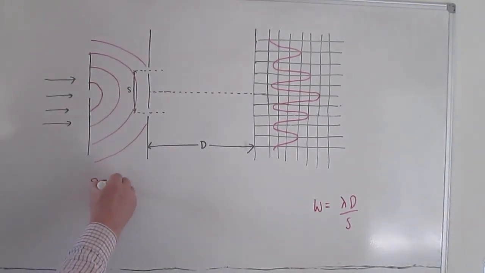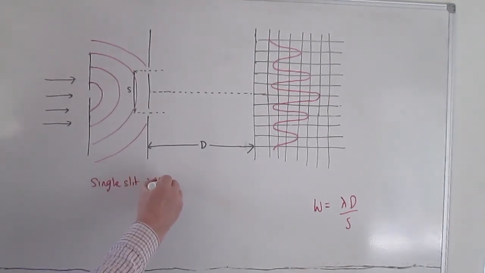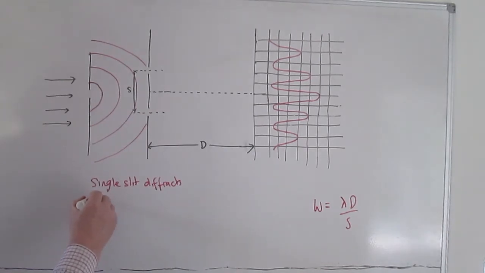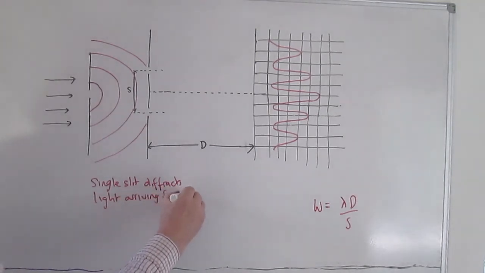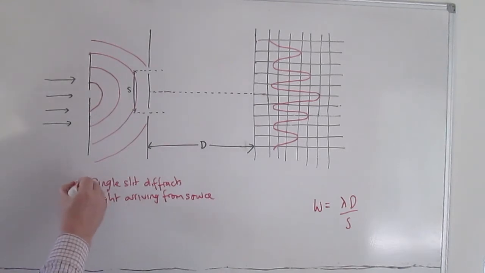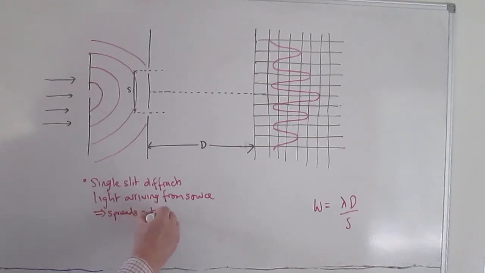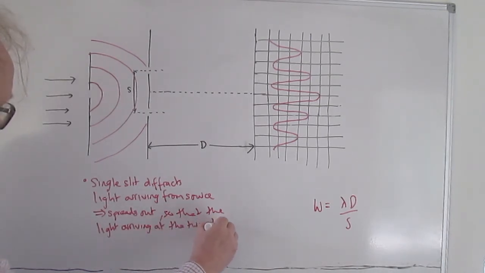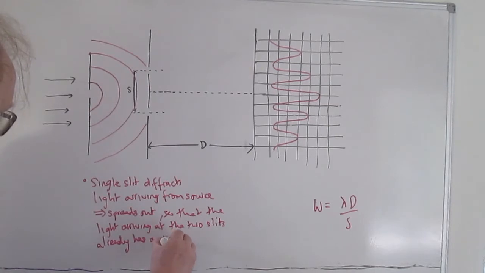So the single slit diffracts the light arriving from the source, which means that it spreads out so that the light arriving at the two slits already has a constant, or roughly constant, phase difference.